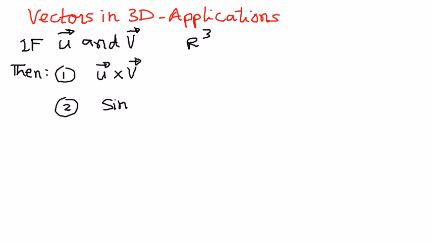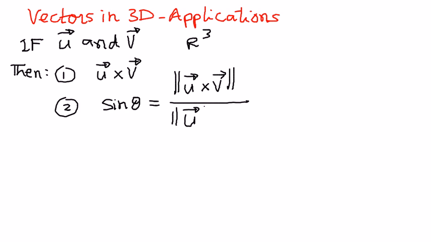The sine of the angle, sine theta, is equal to the magnitude of vector u cross vector v, divided by the magnitude of vector u times the magnitude of vector v.